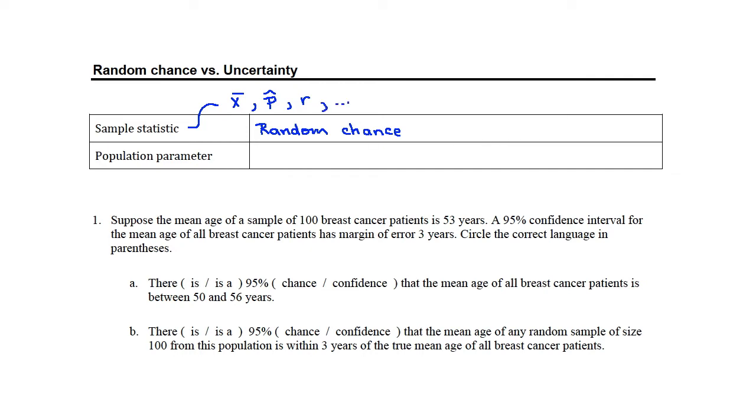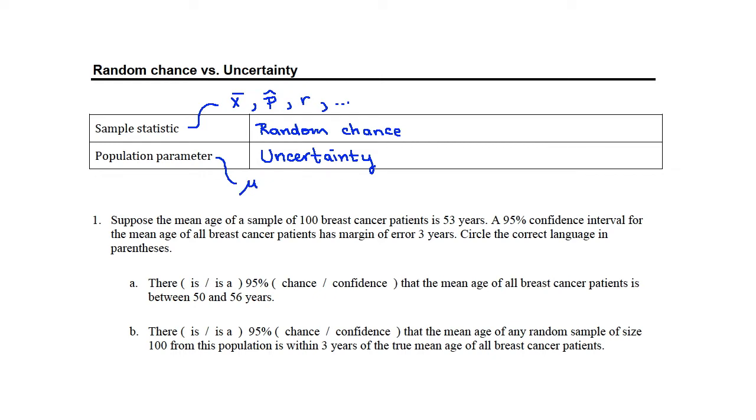Population parameters, on the other hand, represent an entire population. There is no randomness in a discussion of a population parameter, for the most part. Here we have uncertainty. The average height of all adults living in the US would be a mean, which we would refer to as mu.